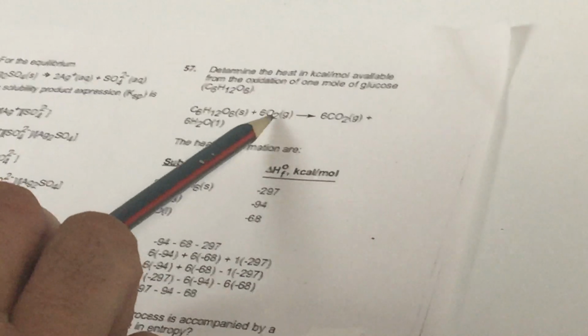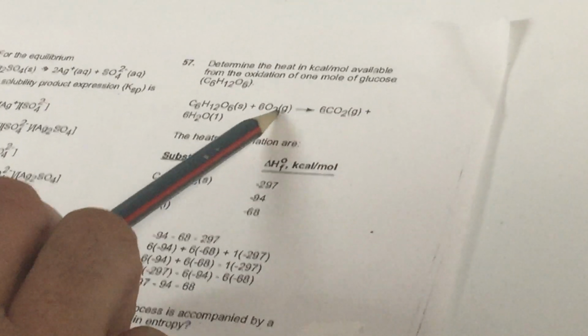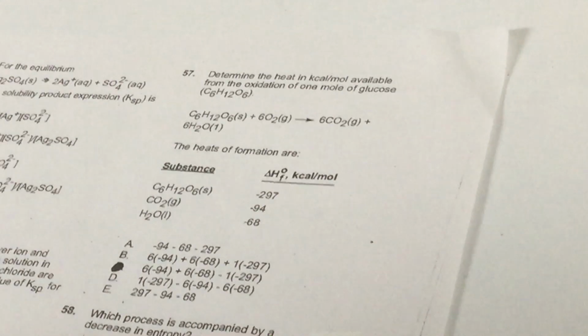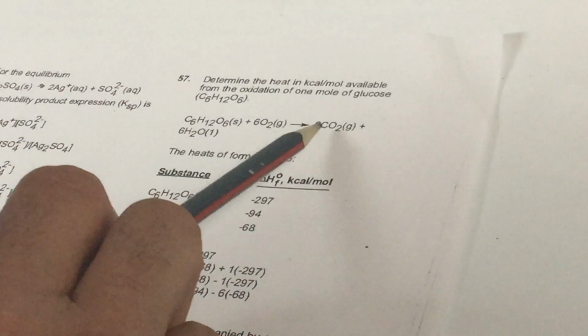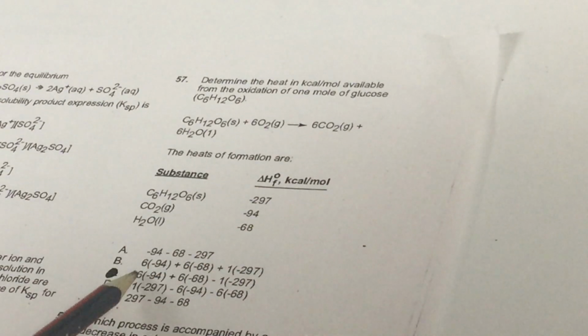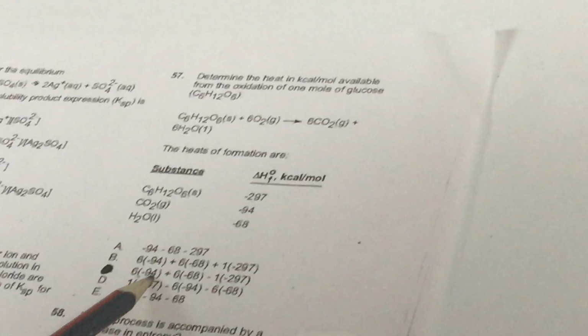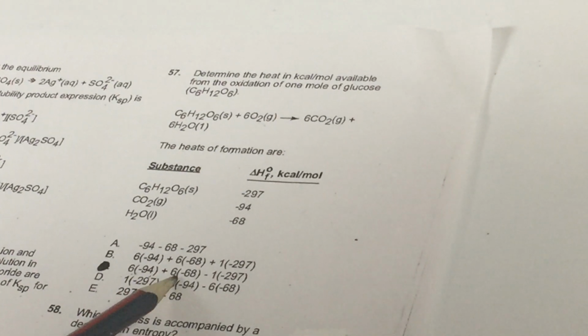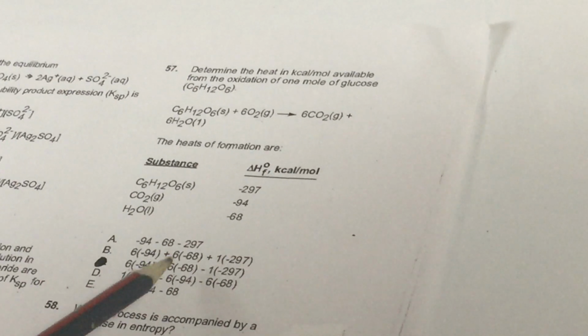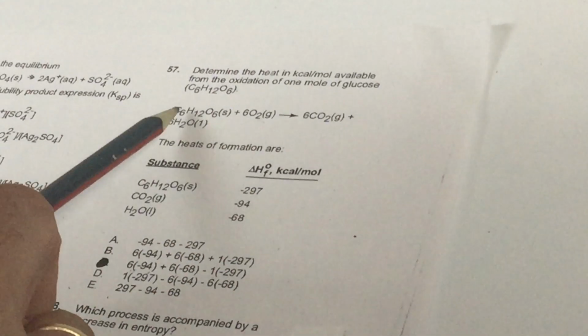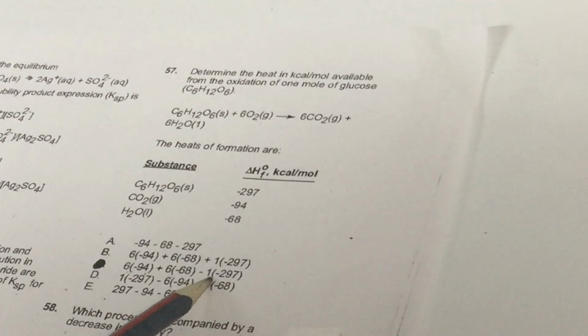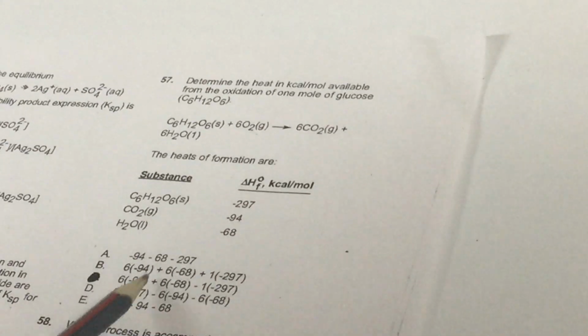Notice oxygen is diatomic and it's in its standard state, so that's a 0. So all we're going to do is take the products, which is choice B. It's going to be 6 times the value of the CO2 plus 6 times the value of the water minus the value of the glucose, and there's only one of them, which is minus 297, and you just had to set that up. So very easy problem.